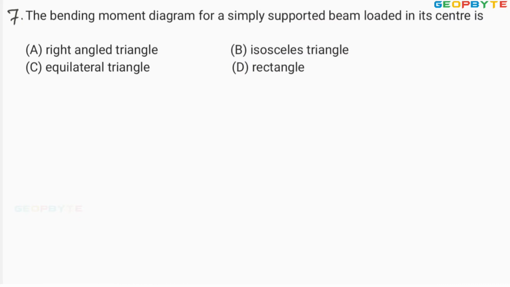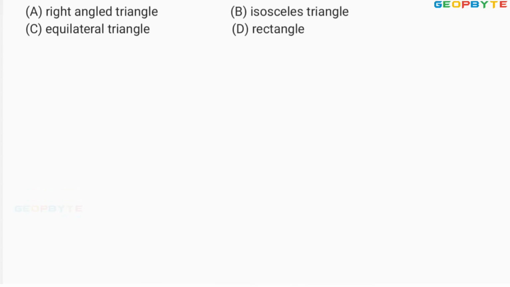Look at the seventh problem. The bending moment diagram for a simply supported beam loaded at its center. The simply supported beam has a point load at the center.